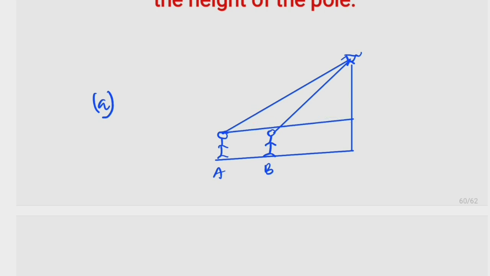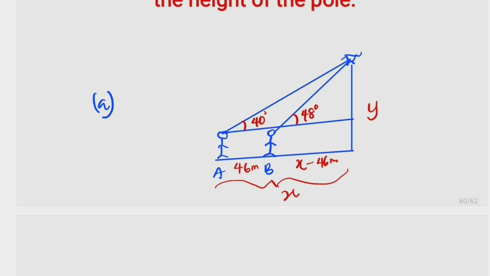So according to the question, this angle right here is 40 degrees, while this one is 48 degrees. We're asked to find the height of the pole, which we can call y, and the total distance down here, let's call it x. Remember, they are 46 meters apart, so this will be x minus 46 meters.